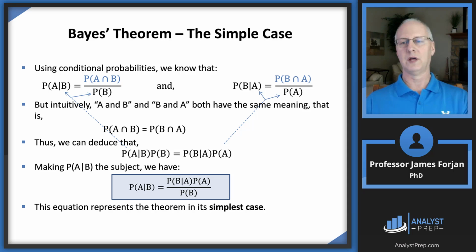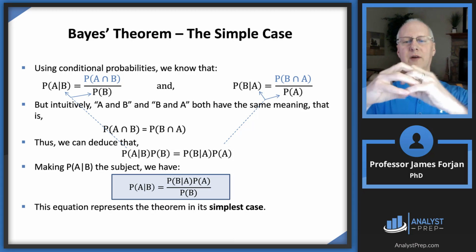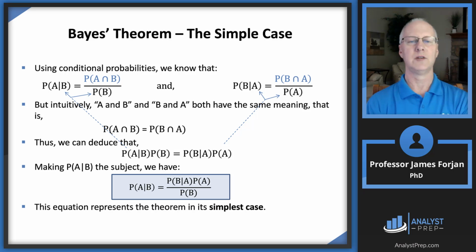And so notice that in the numerator there on the right-hand side up at the top there, I have the intersection of B and A divided by the probability of A. Now, of course, what we know, this intersection A and B and B and A, they both mean the same thing, right? Think of those sets that you have when you're in the 5th grade or whatever. And so intuitively, A and B and B and A are identical.